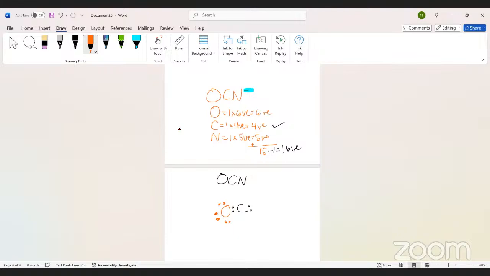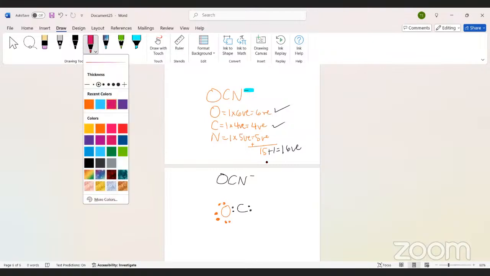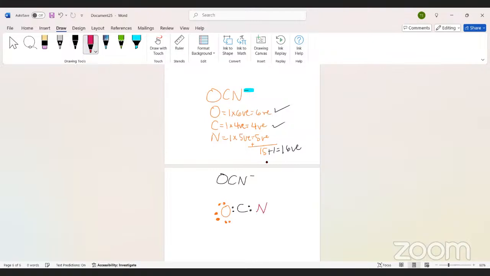Now we've got oxygen out of the way. Next up, nitrogen. How many is nitrogen going to give, Asia? Very good, 5.